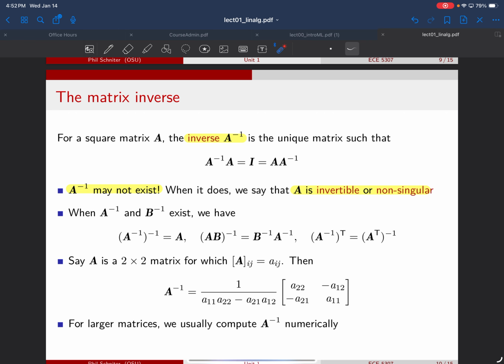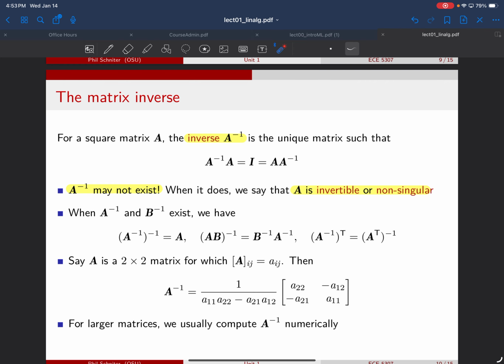Now, be a little careful. If A and B are not square, for example, or if those matrix inverses don't exist, then obviously this is not true. So here we're just assuming that those things exist, and then this is true. And finally, one more. If you transpose the inverse, that's the same thing as inverting the transpose.